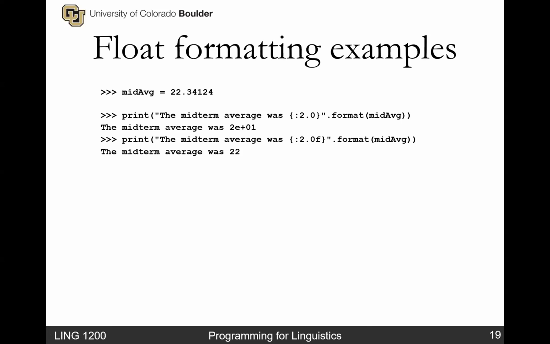We'll look at the template here, but let's see if we can compare this with the next command and if you can figure out on your own what this notation is doing. In this case, we have colon 2.0 and the F to say we're working with float, and we get 22. We can change that slightly.